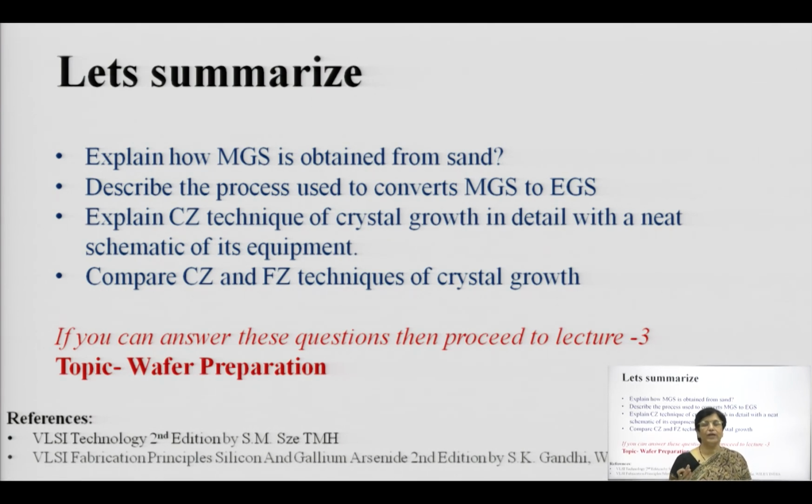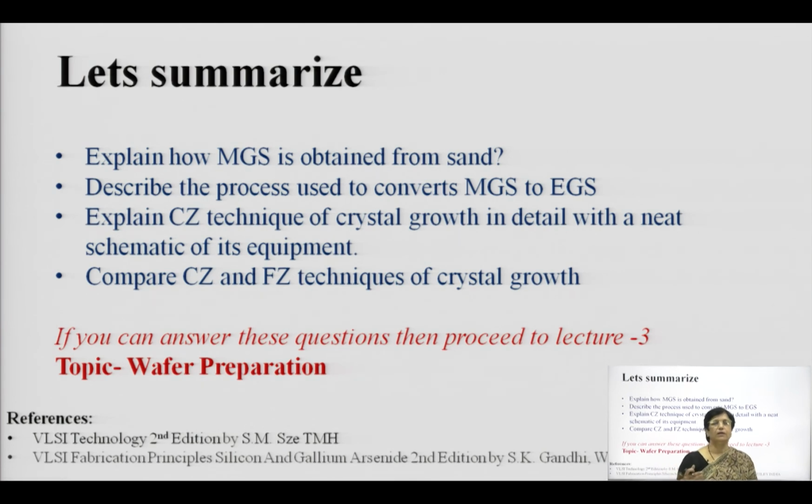So, before we end, let us summarize by answering the following questions. The first question you should be able to answer is the preparation of metal grade silicon from sand. Second, you should be able to describe how metal grade silicon is transformed into electronic grade silicon by the pulverization process, bringing it in contact with anhydrous hydrogen chloride, or the CVD process.